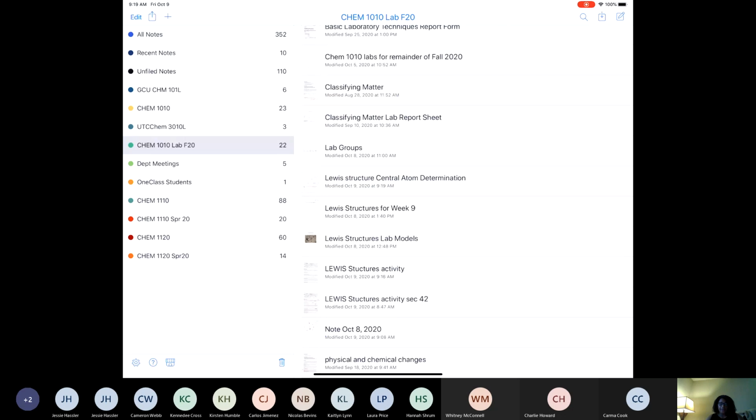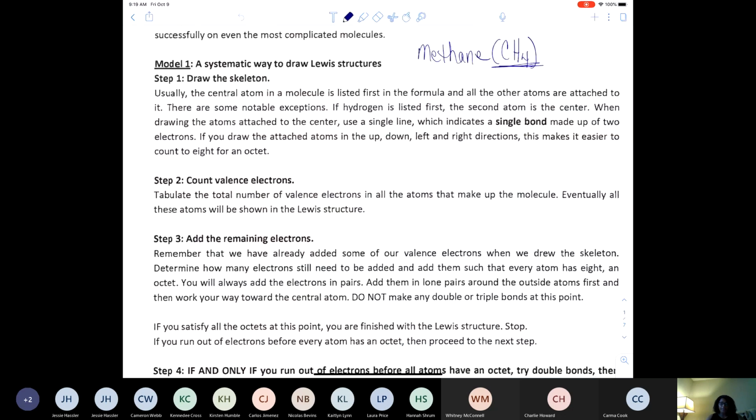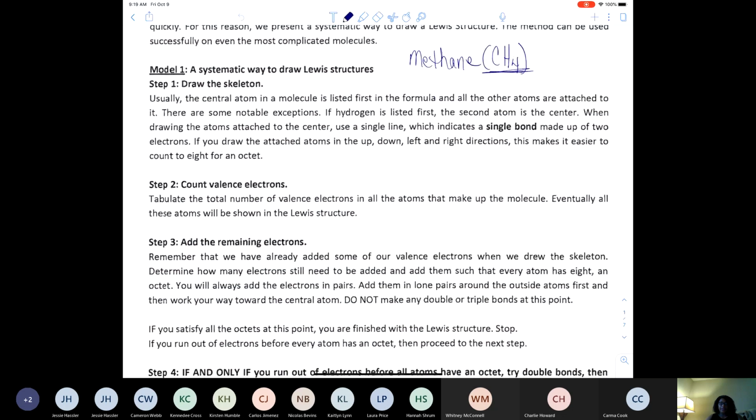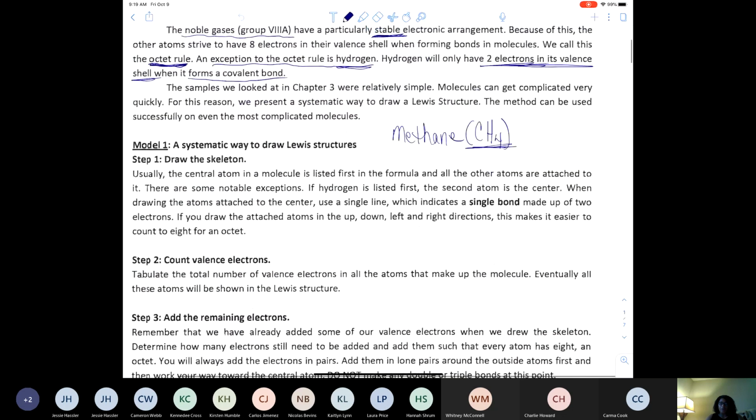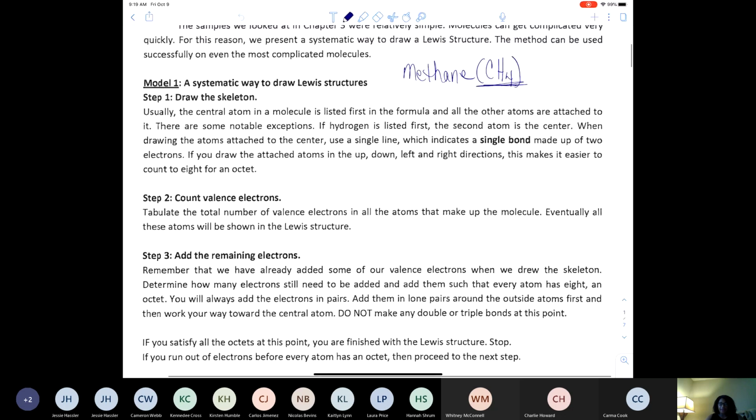Those are the ways that you can go about determining which atom in the formula of the compound is the central atom. So for CH4, it's easy to determine: hydrogen can never be the central atom, so carbon must be. To draw the skeleton structure, you put the central atom in the middle, and then use a single straight line to connect the other atoms in the formula to the central atom.